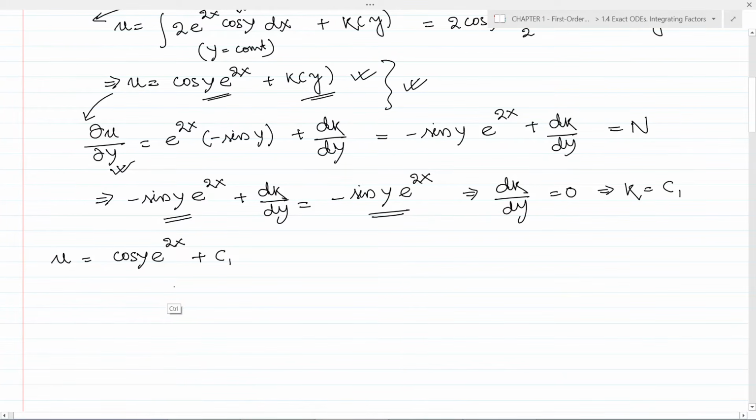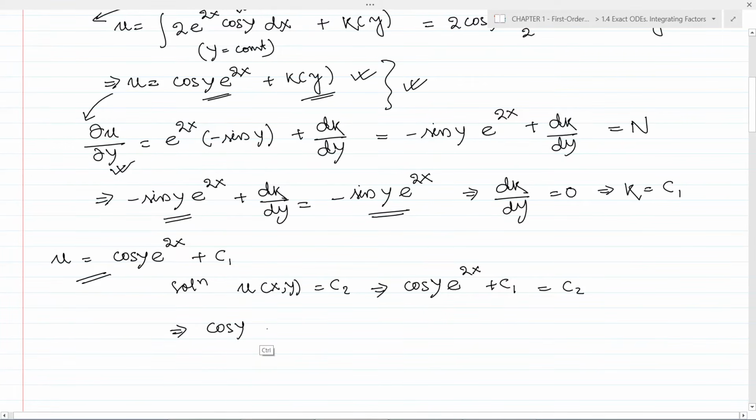Now, we know that the solution will be of the form u of x y equal to a constant, let us take C2, which implies we use this value of u and write cos y e to the power 2x plus C1 equal to C2, and the final solution is cos y e to the power 2x equal to a constant C, which is equal to C2 minus C1.